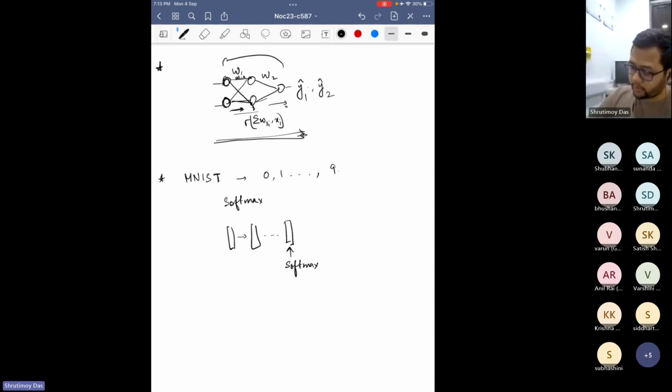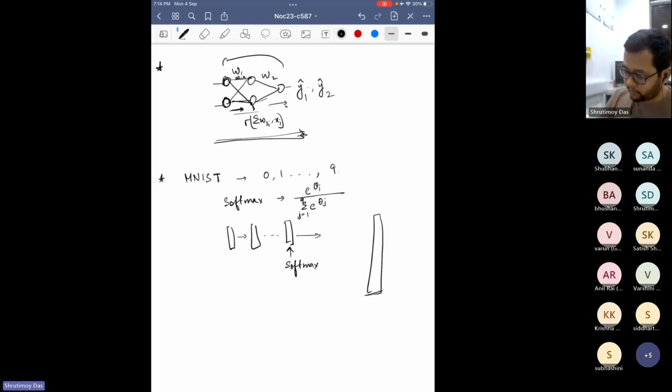The softmax layer looks like e to the power theta i, divided by the summation of e to the power theta j, for j equal to 1 to 9, supposing you have 9 classes. What the softmax layer does is give you a set of probabilities.